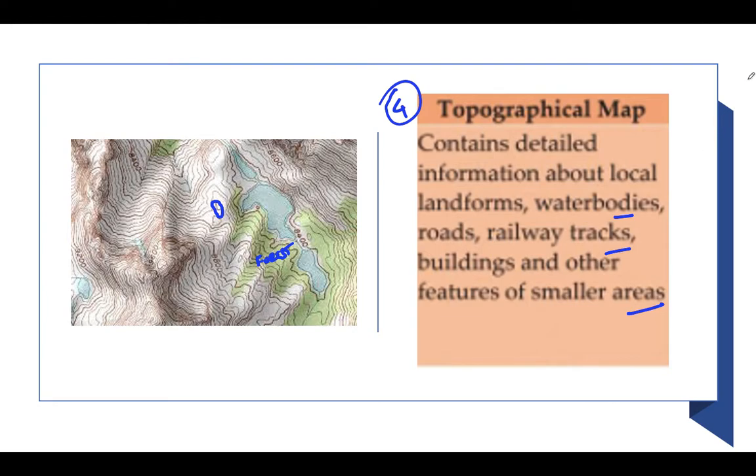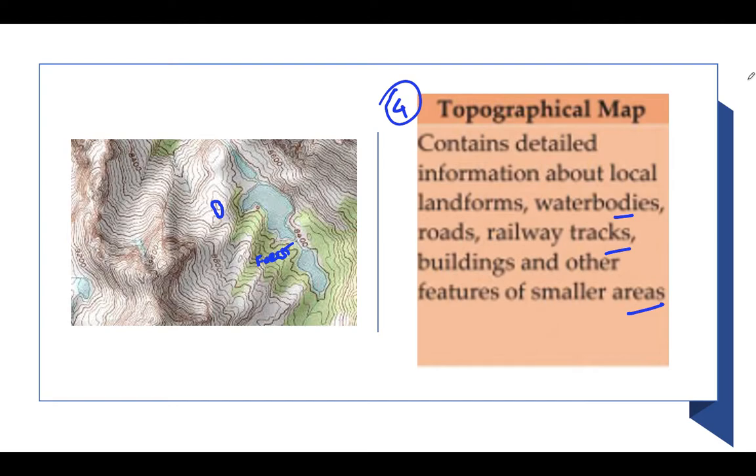If in a map I show you physical features like mountains, the Indian Ocean, Arabian Sea, Bay of Bengal and the Great Himalayas, what kind of a map is it? Yes, you are correct. It is a physical or relief map.